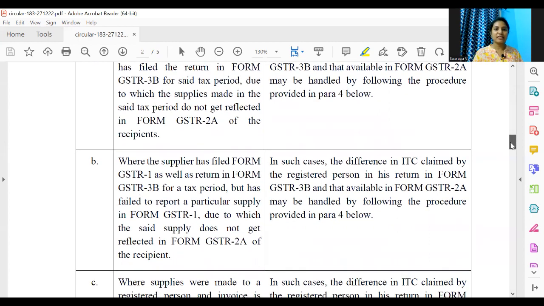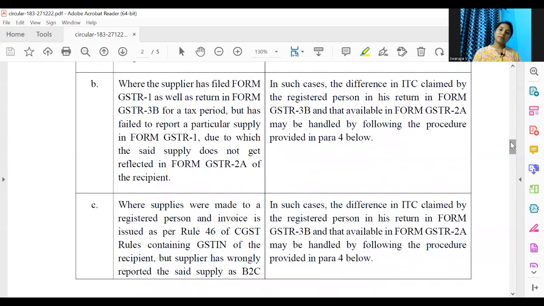The third case is where the supplier has filed GSTR 3B and GSTR 1 also, and he has included this particular invoice in GSTR 1. But instead of B2B, he has shown it as B2C. Because it is shown as B2C, it is not reflecting in 2A of the registered person and credit is not available to that person. In this case also, CBIC has clarified that the credit, if he has taken it in 3B, will be allowed.